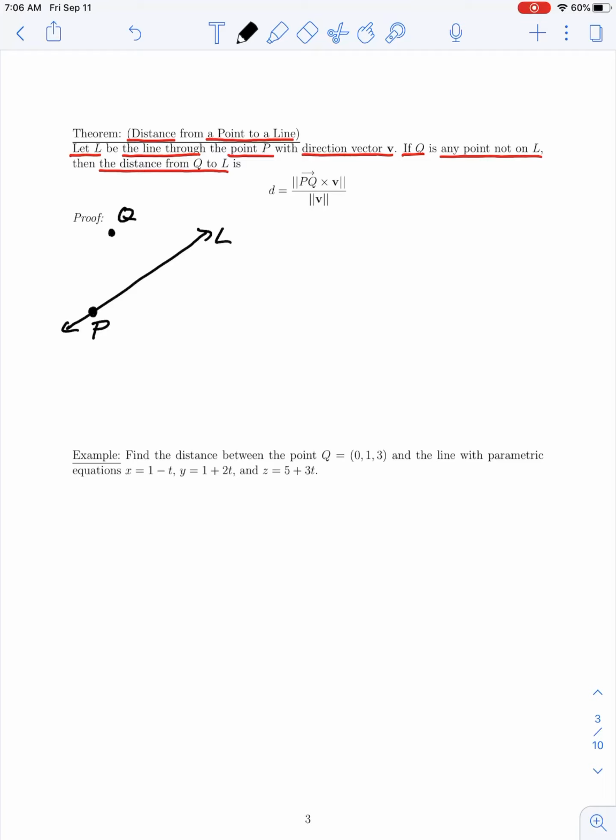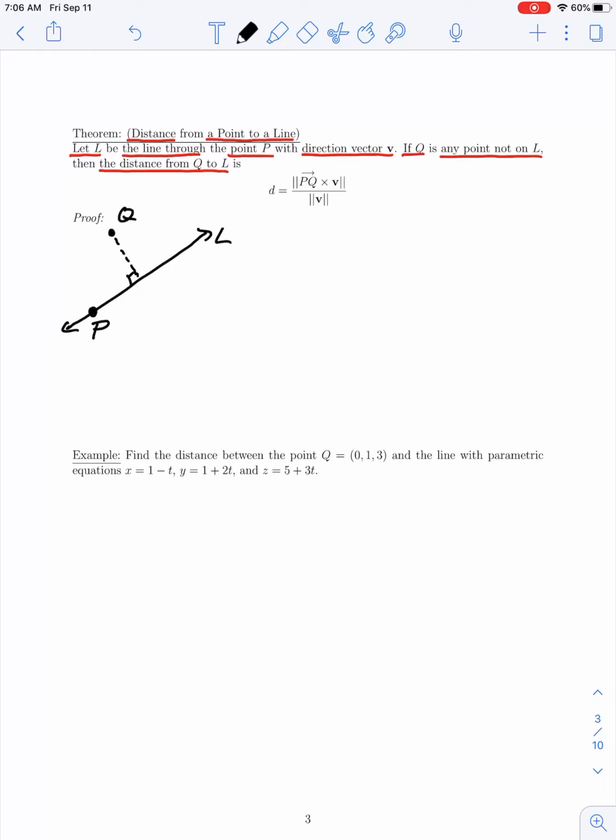And what we're interested in finding is this distance from the point Q to the line L. When we say distance from a point to a line, we're referring to the shortest distance from that point to the line. So the direct path from the point to the line, so that these intersect at a 90-degree angle.